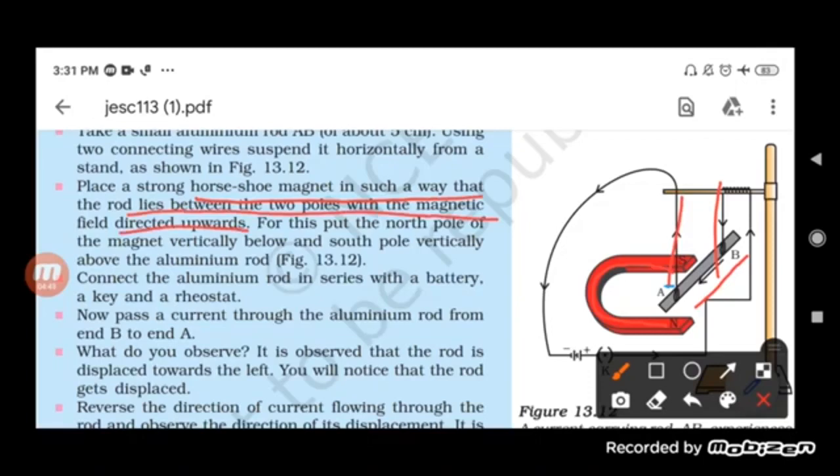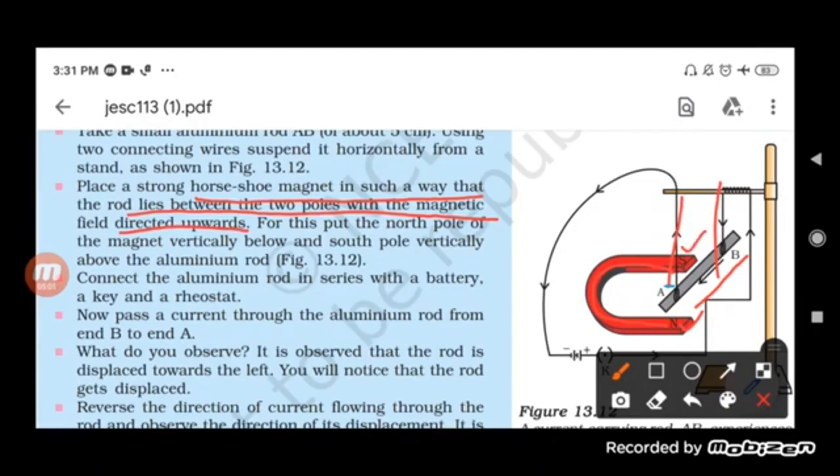For this, we keep the north pole of the magnet vertically downward. You can see the north pole is vertically downward, while the south pole is vertically above the aluminium rod.